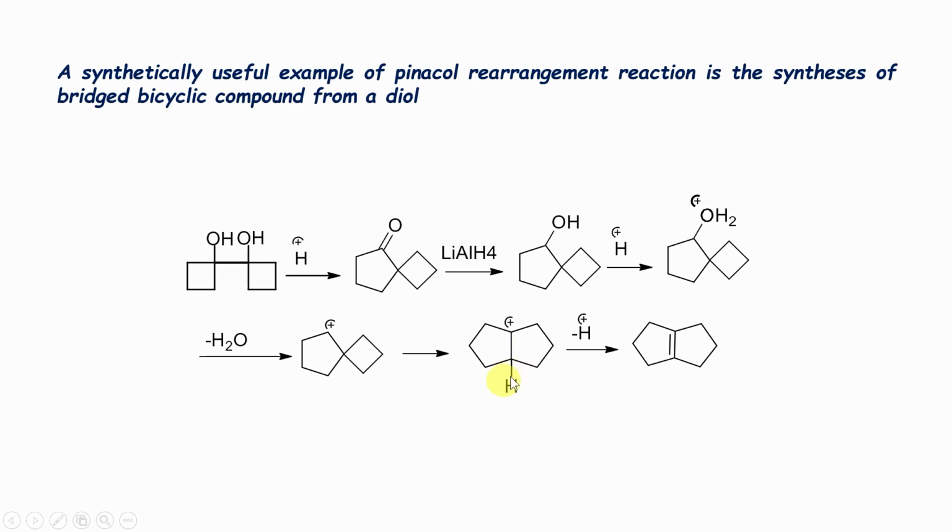Then elimination of a proton takes place to form this bicyclic alkene. And so it is one of the important applications of Pinacol-Pinacolone rearrangement. That is, bridged bicyclic compounds can be produced by the Pinacol-Pinacolone rearrangement.